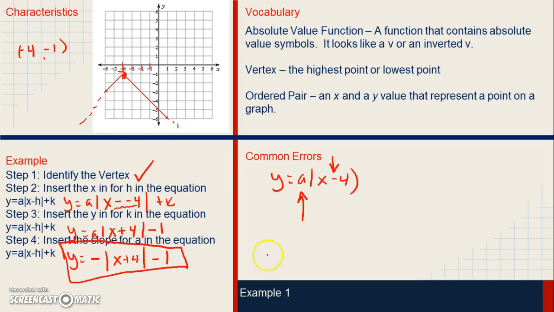So make sure that when you write this function, you don't write it as y equals absolute value of x plus 4 minus 1, because even though your vertex is right, you forgot this leading coefficient, this negative that belongs here. Okay, that would have been correct. Leaving it off, that is an error. This would be wrong. All right, guys, good luck.